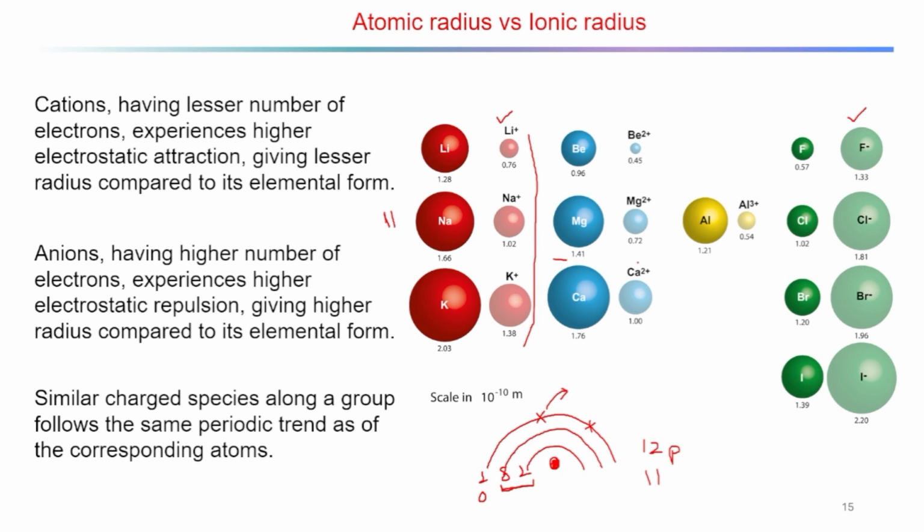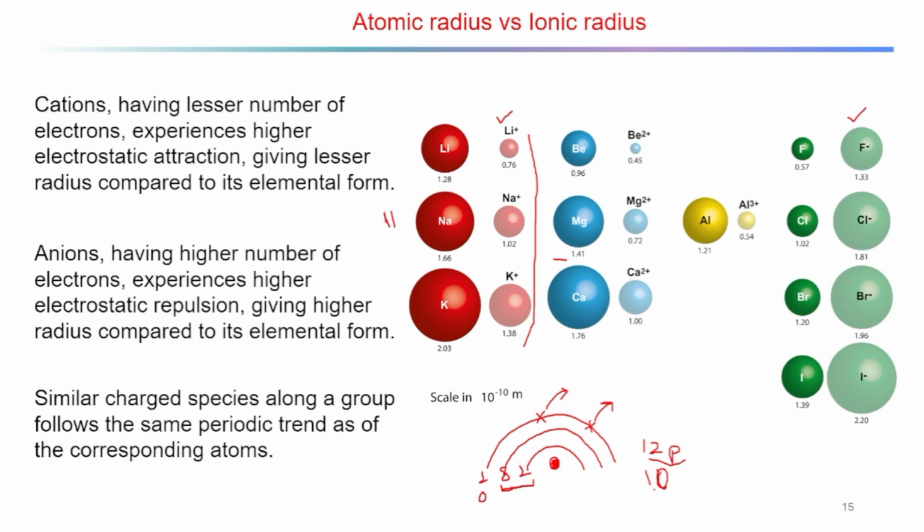But when we do magnesium 2 plus, we are removing both the electrons. Again this third shell is becoming vacant, 0. So that time we have 12 protons and 10 electrons.